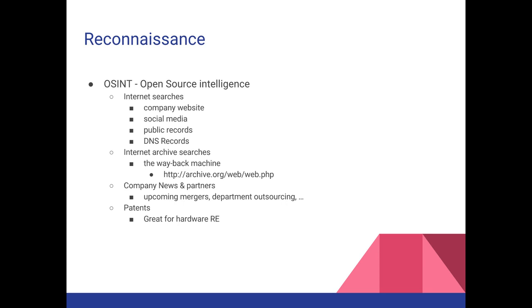You definitely also want to look at company news, any business partners they have, especially upcoming mergers and any form of outsourcing, any form of third-party vendors that they work with, say to staff or supply the mess hall or cantina or cafeteria for food, water, definitely vending machines.